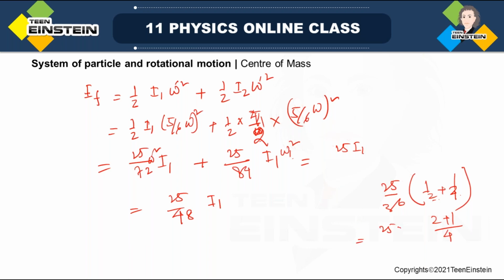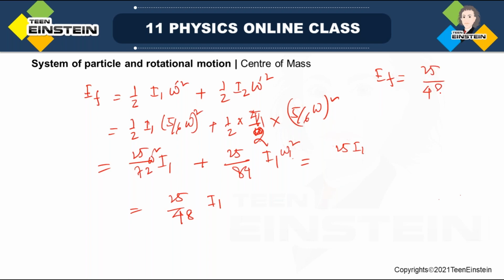So 25 into 3 by 36 into 4, this will be 12, so it will be 48. Okay, so final moment of inertia, sorry, final kinetic energy we can find out. So that is this one. I'm just writing somewhere here, the 25 by 48.